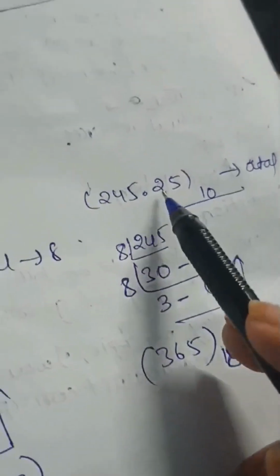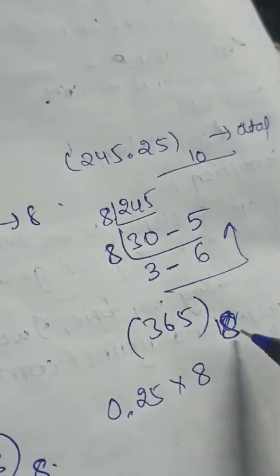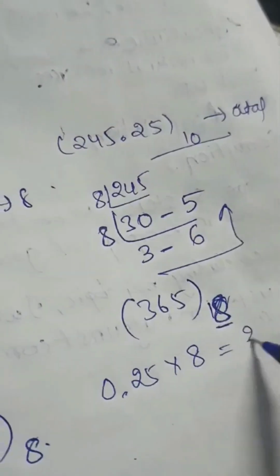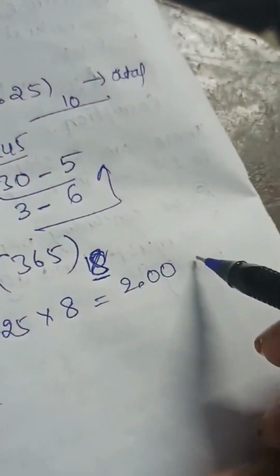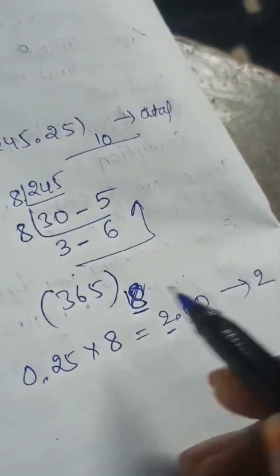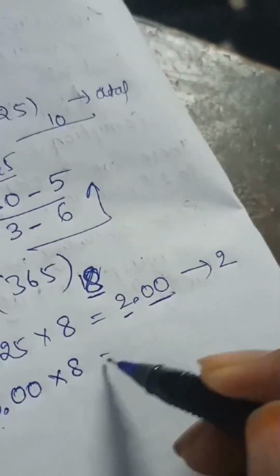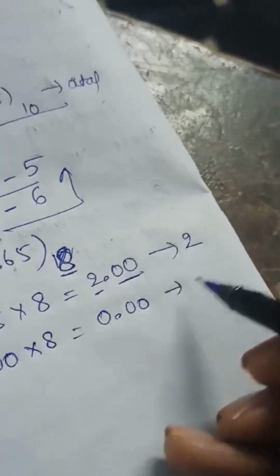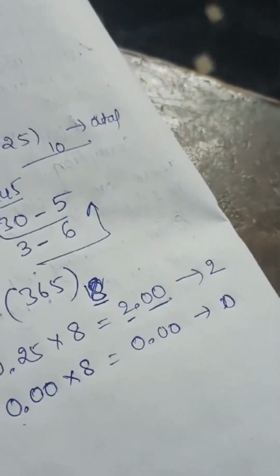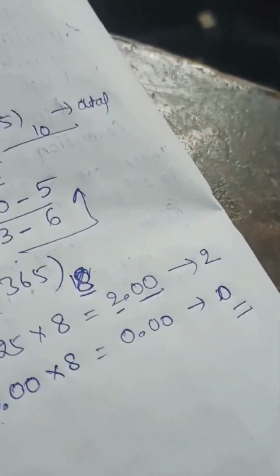Here we have 0.25, so 0.25 into 8 is equal to 2.0. The integer part is 2. Here we have 0.00, and 0 times any number is 0. So in the following steps we will get all zeros, so here we will stop.